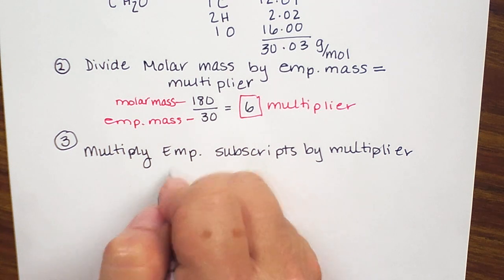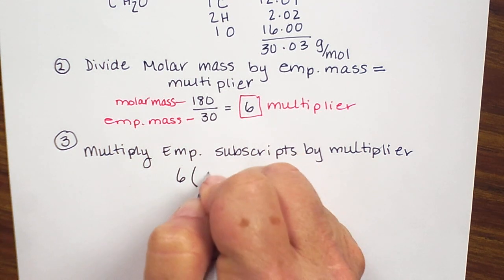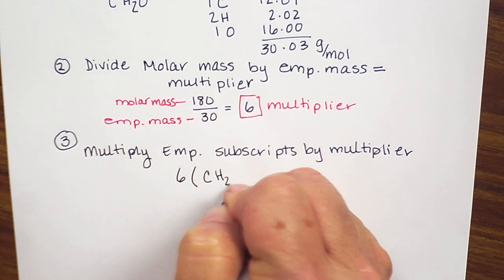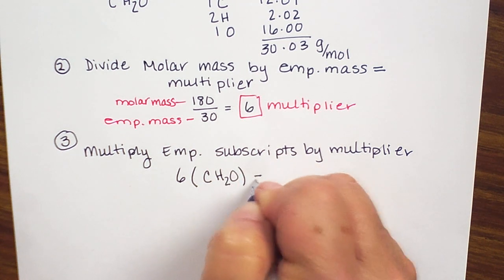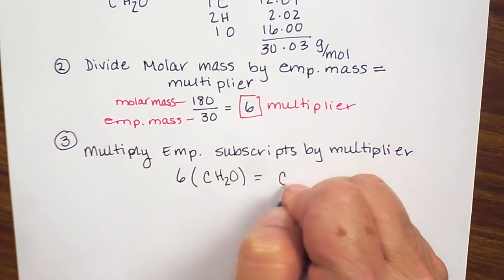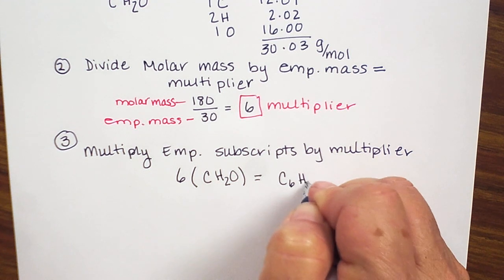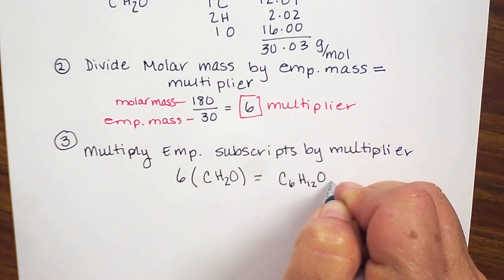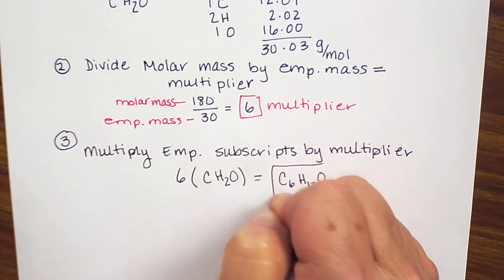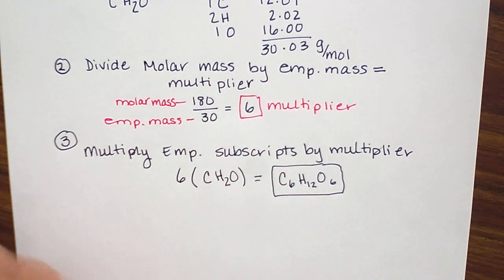So that would be 6 times my empirical formula, which would equal C6H12O6. And that would be my molecular formula.